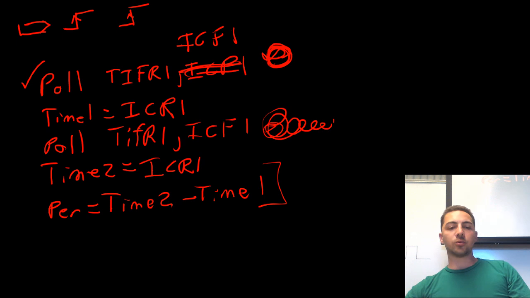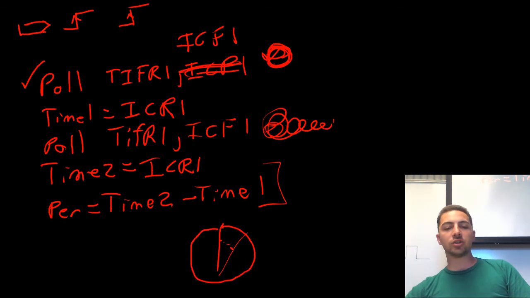Because we know that at a certain degree past vertical, we need to fire a particular spark plug, right? We need to fire at a particular cylinder. So we have to know how long it took to make one revolution, and we base everything on the last revolution of our crankshaft. So this kind of a concept is used all the time.